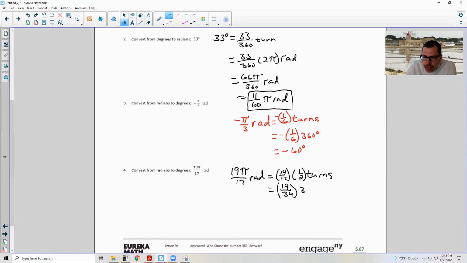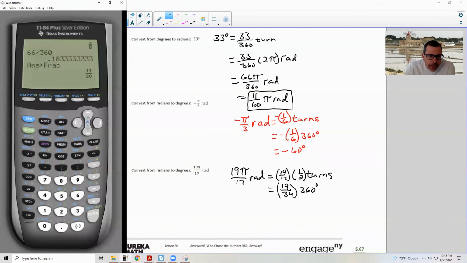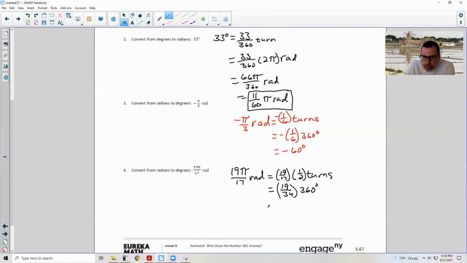And instead of saying turns now, times 360 degrees. Okay? And when I go into my calculator and I take 19 divided by 34, enter, times 360, I get approximately 201 degrees. Okay, hopefully that made sense to you. Pi, remember, is a half a turn.